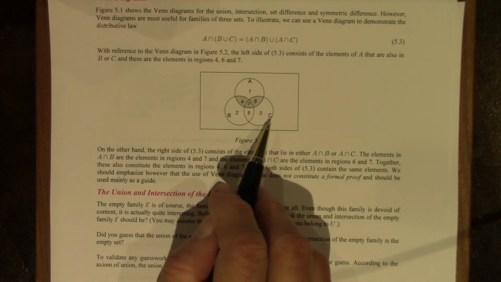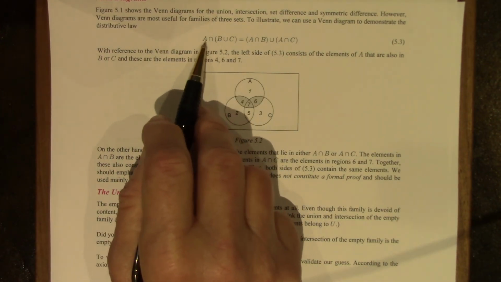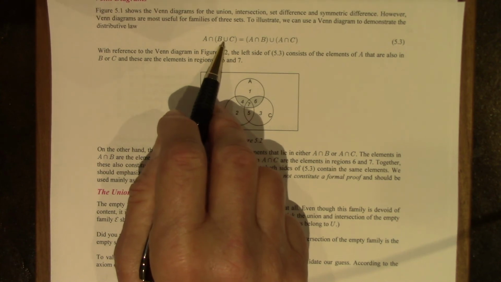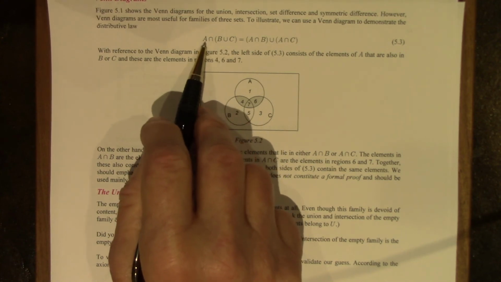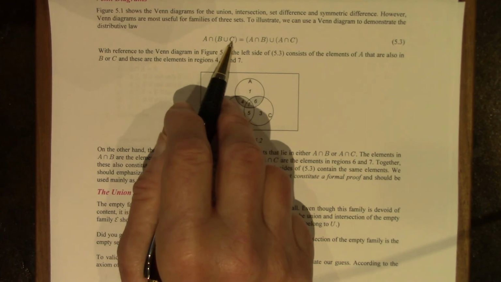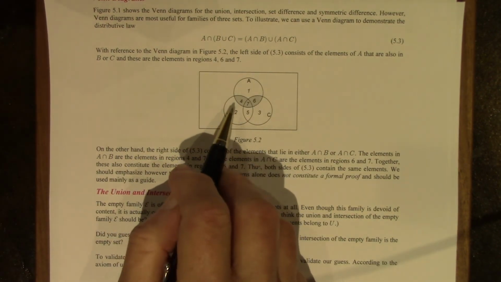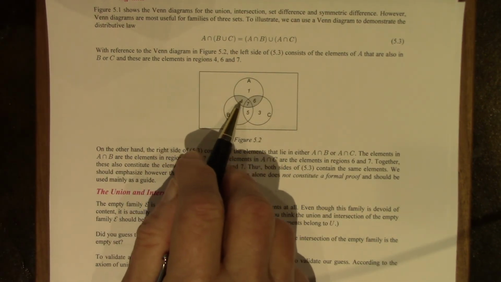Now, the left side here consists of all the elements of A that are also in B union C. That's what the intersection means. So where are those elements? Which regions?